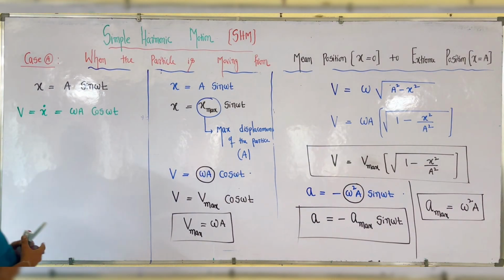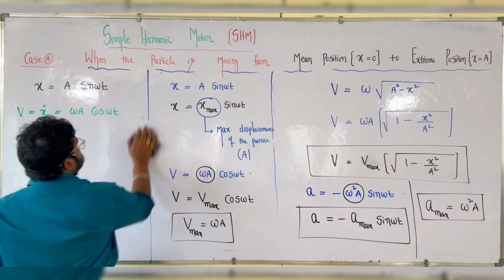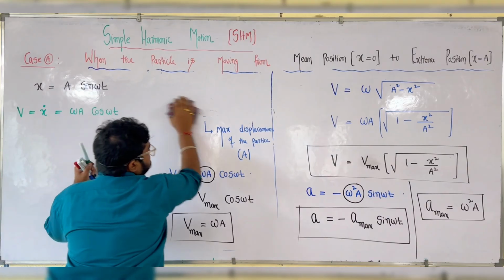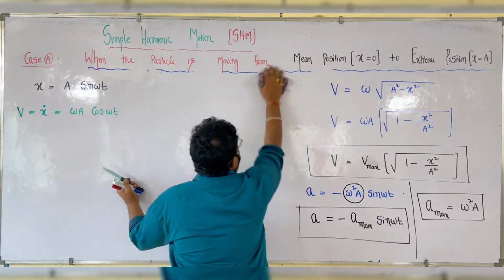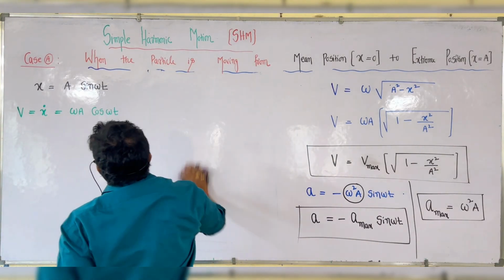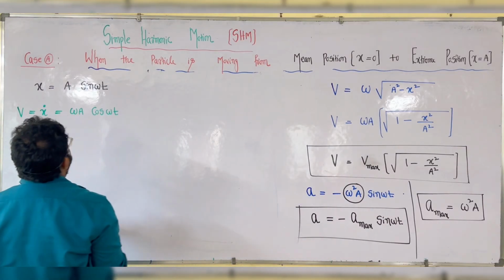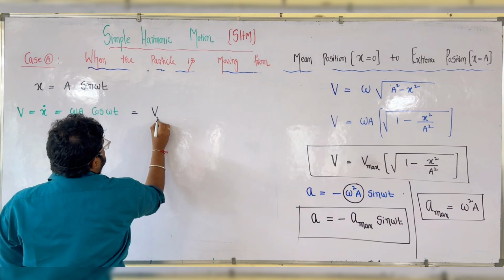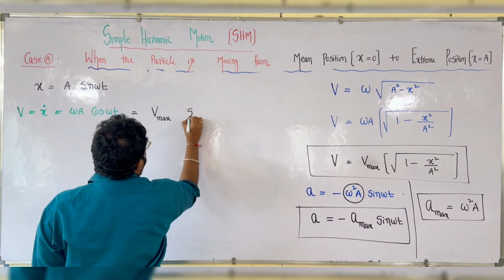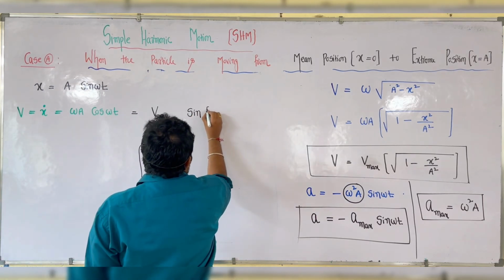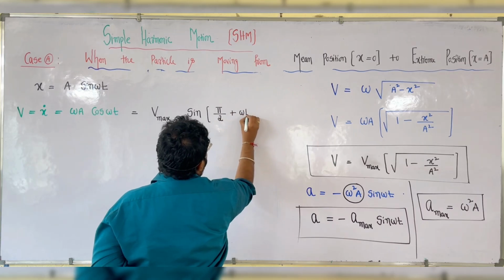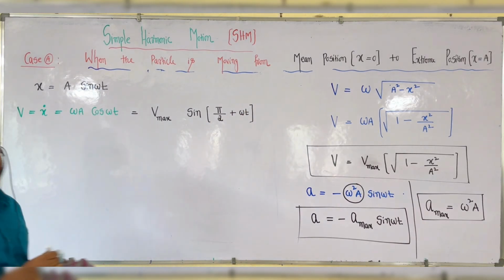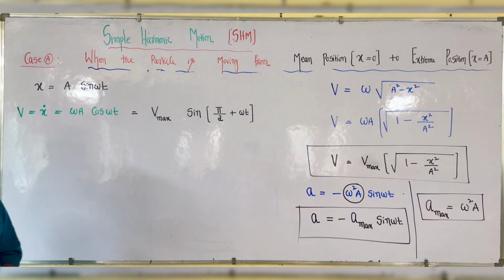We can write omega a as v maximum into sin of pi by 2 plus omega t.